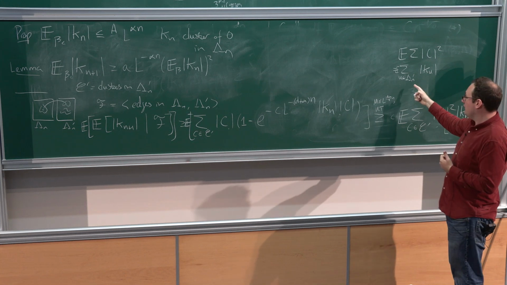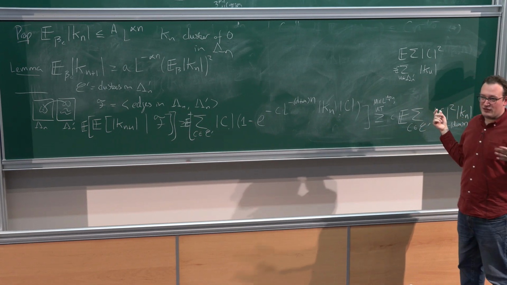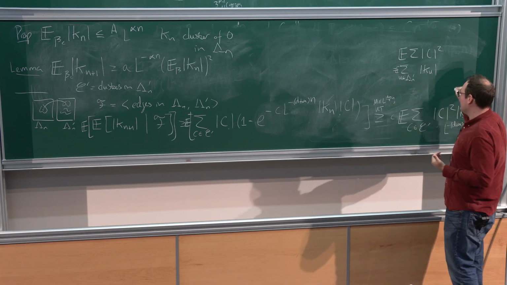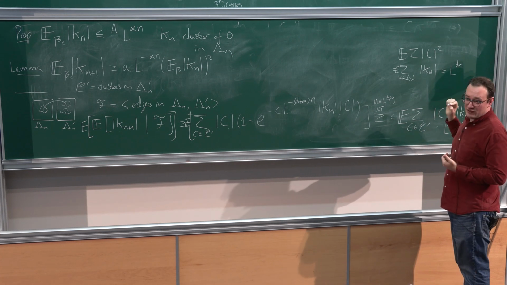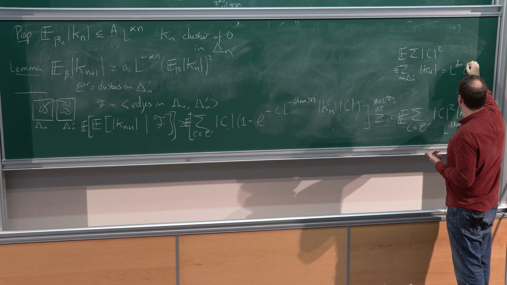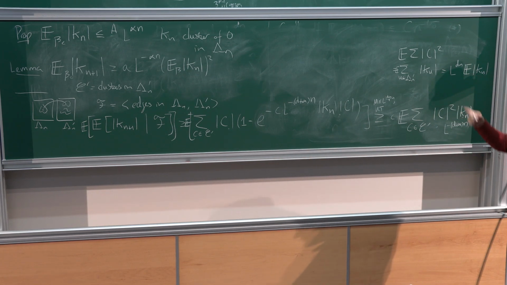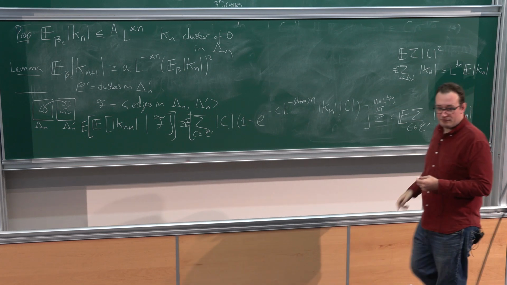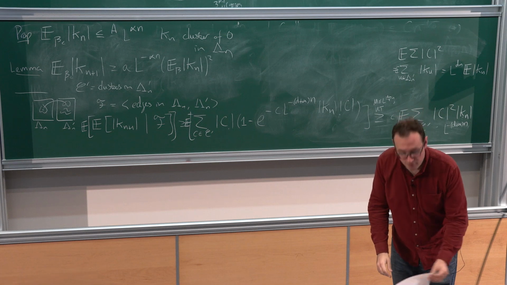And of course, by symmetry, and this is where you slightly benefit in the hierarchical case, although this is not particularly important actually, you get that this is the size of the box, which is L to the dn, times the expectation of k. Okay, and then if you just do the algebra, you see that this is the claimed bound.